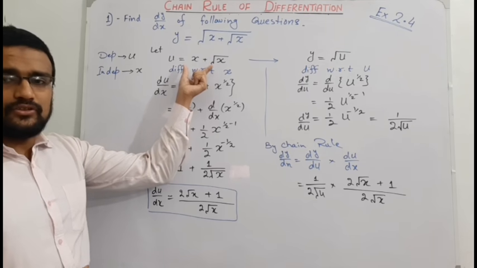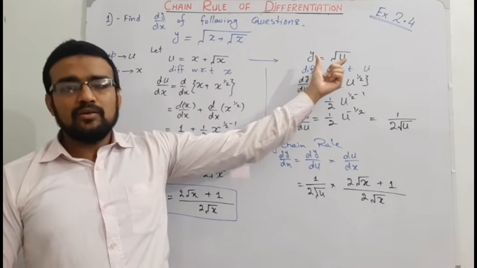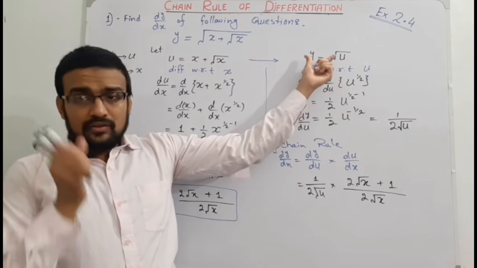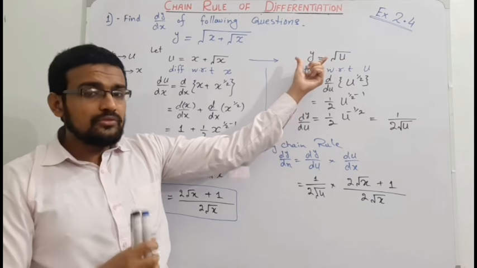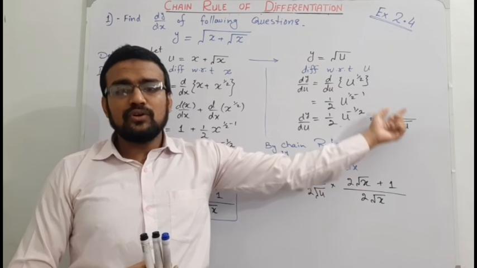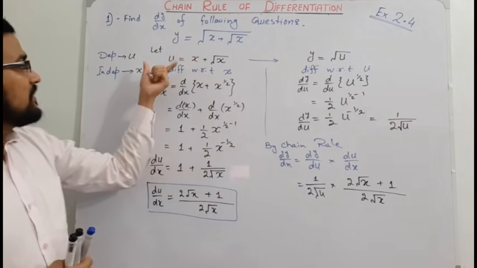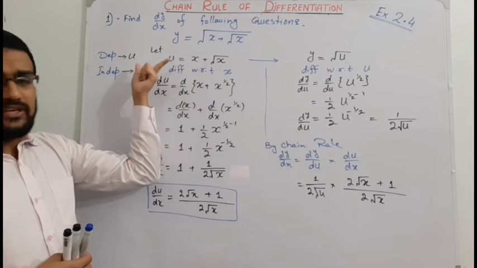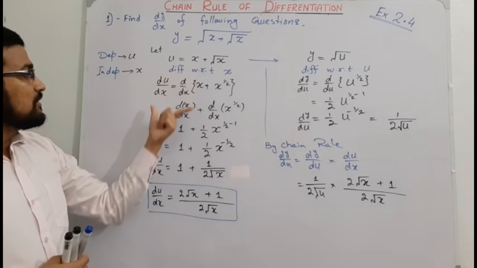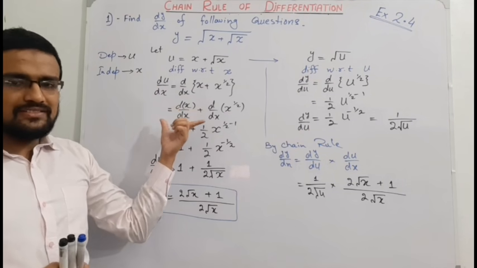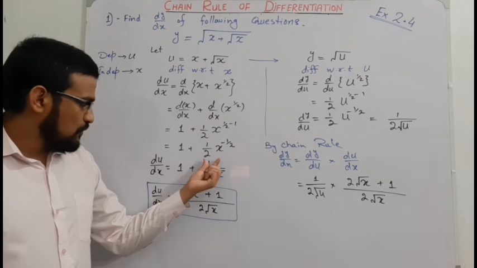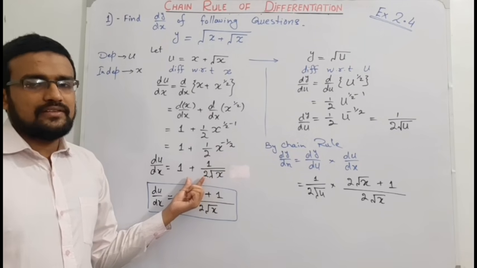Select it as u, then y becomes square root u. Differentiate y with respect to u, and the final result is 1 over 2 square root u. And this function of x, which is equal to u, differentiate with respect to x, and the final result is 1 plus 1 over 2 square root x.